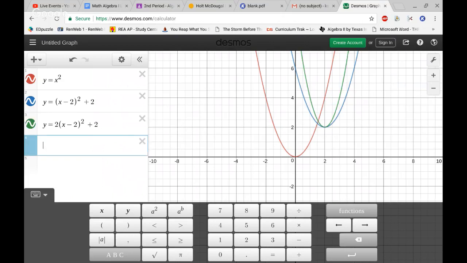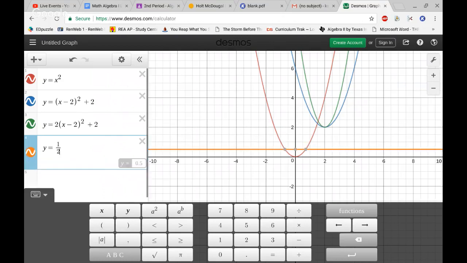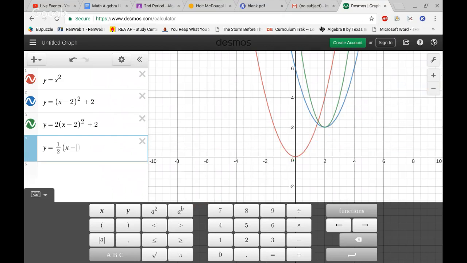And now what I'd like to do is y equals 1/2 times x minus 2, keeping it relatively consistent, not changing too much about each of them. And that 1/2 actually makes it fatter.